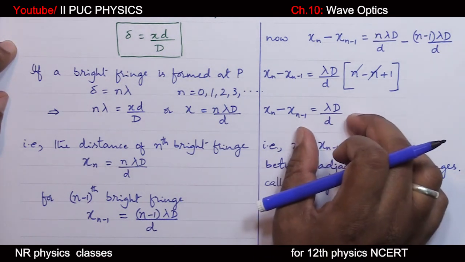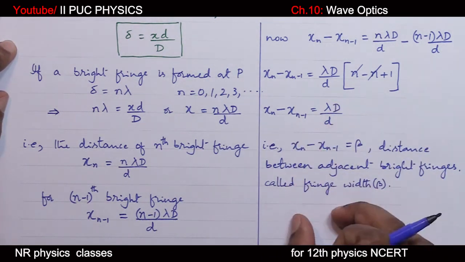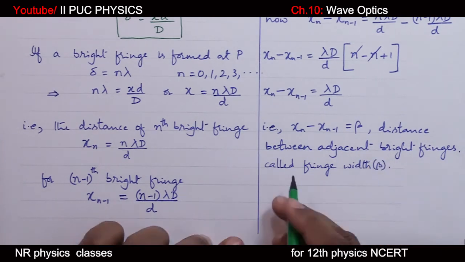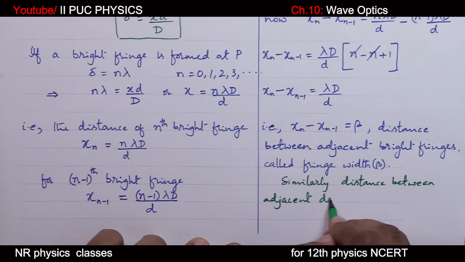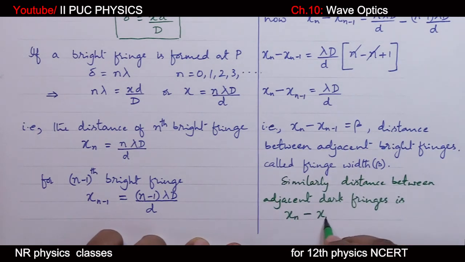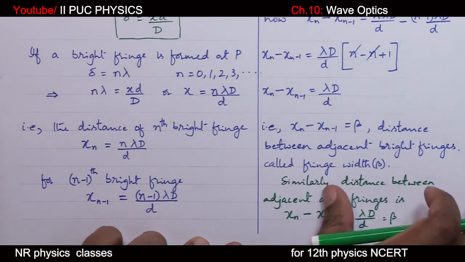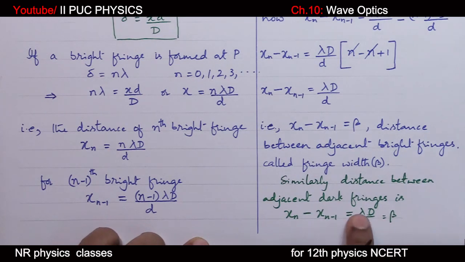Let us not show those steps. Let us just write: beta equal to lambda capital D by small d.